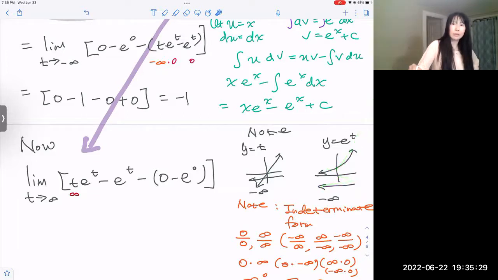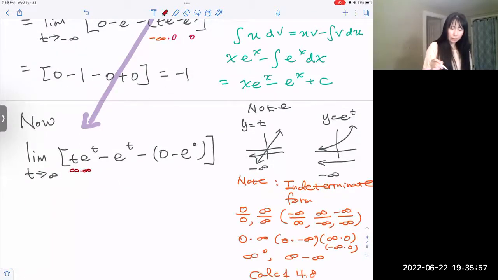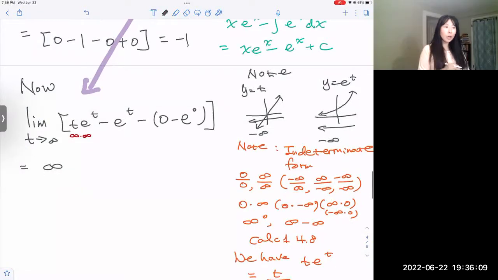Infinity as well. So we have infinity times infinity, which is infinity, okay? Then we don't have to do anything else, because infinity is really, really strong and powerful, right? We don't care about the other term. So we have infinity here.